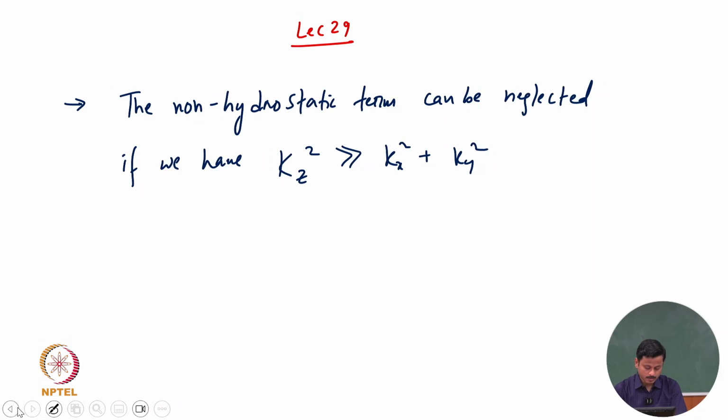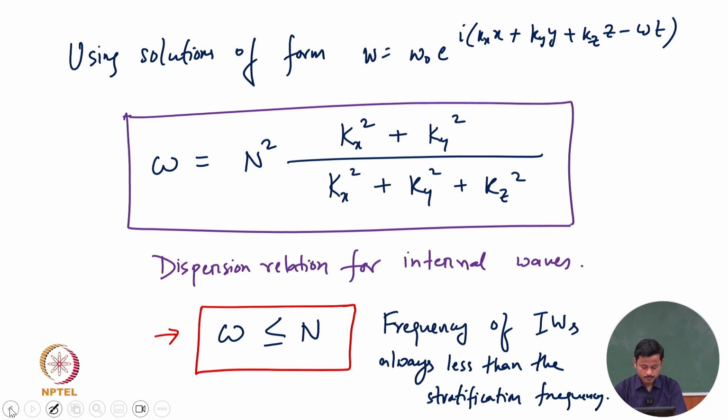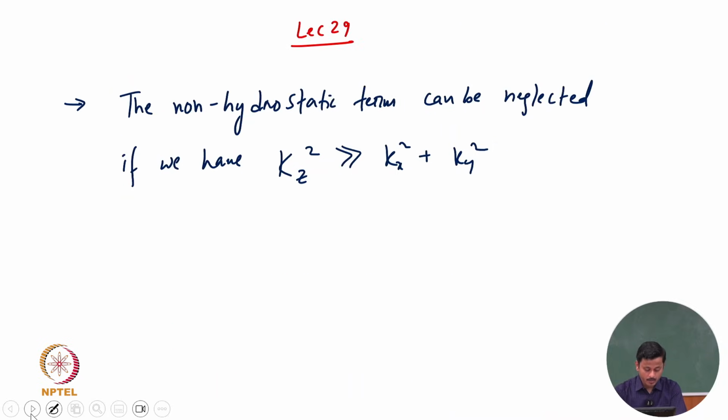And what happens as a consequence of this? You can see, if kz is much greater than kx squared plus ky squared, that means omega is less than N. There is no possibility of omega being equal to N. So this is a straightforward inequality that follows from the previous relationship between omega and N in terms of the wave numbers.